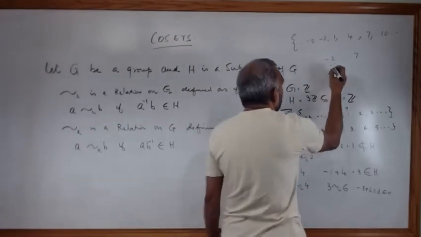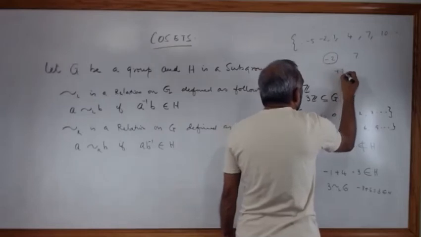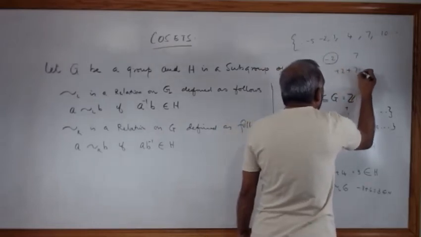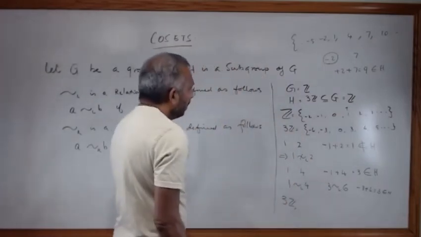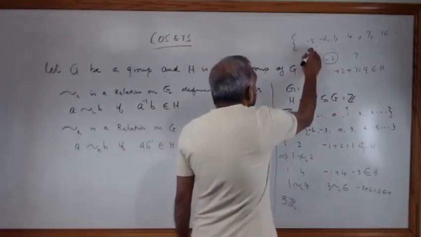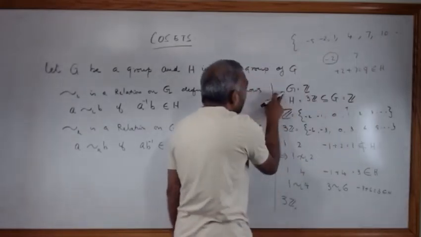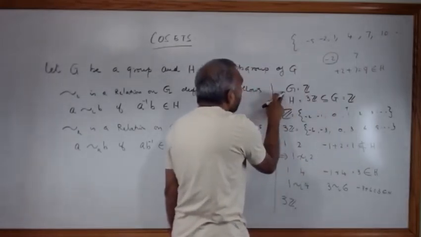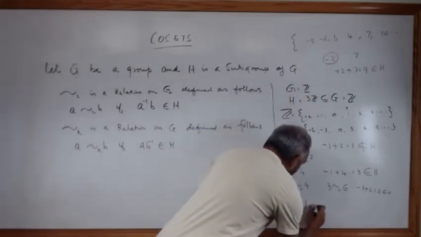Yes, it is related because the inverse of this is plus 2, plus 7 is 9 and that belongs to H. So this is actually all the elements in G which is added by 1, actually 1 plus 3Z.